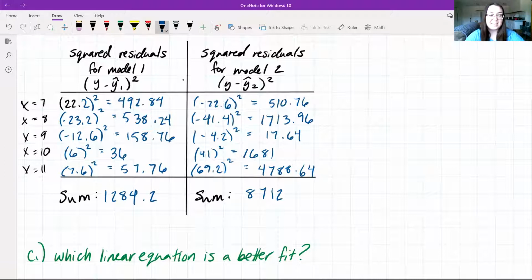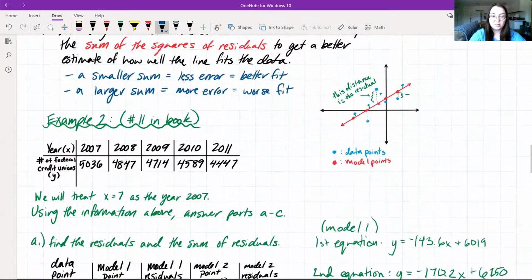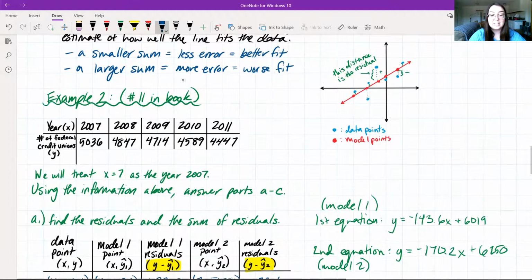All right, so we see that the sum of our squared residuals for model 1 is going to be 1,284.2, while our squared residuals for model 2 is going to be 8,712. So if we remember what we stated earlier, we said that a smaller sum is less error and a better fit, and a larger sum is more error and a worse fit.